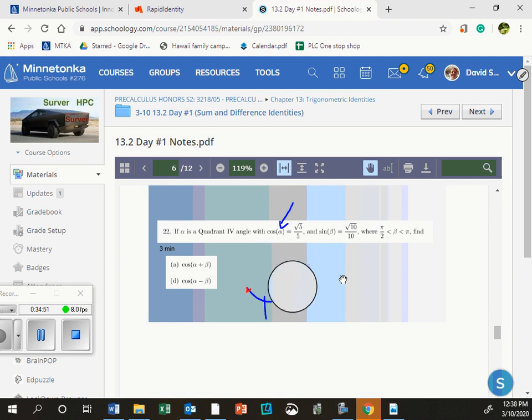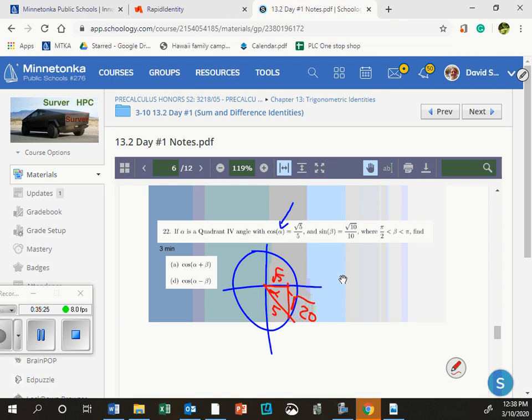You're right, that's quadrant 3. Thank you, sorry. Quadrant 4, over this way. Okay, and this is alpha. And then cosine is adjacent, which is right next to it, here's square root of 5, over hypotenuse, which is 5. And then what's this last side got to be? 5 squared, which is 25, minus root 5 squared, which is 5. So it's square root of 20. And that side's negative because it's going down.